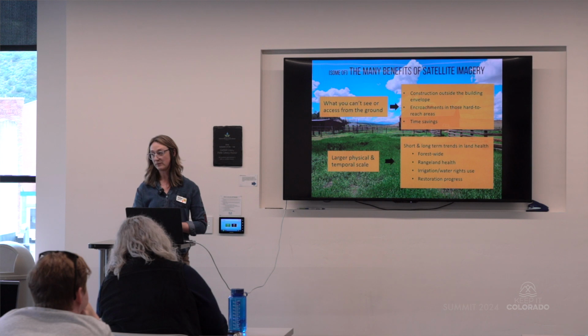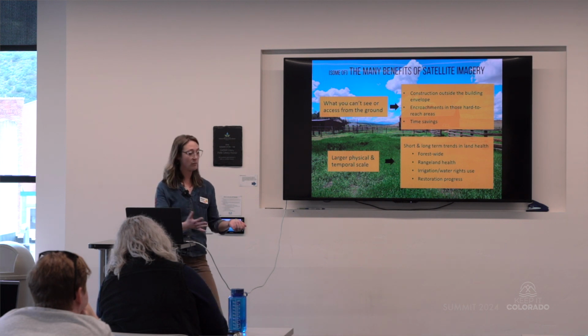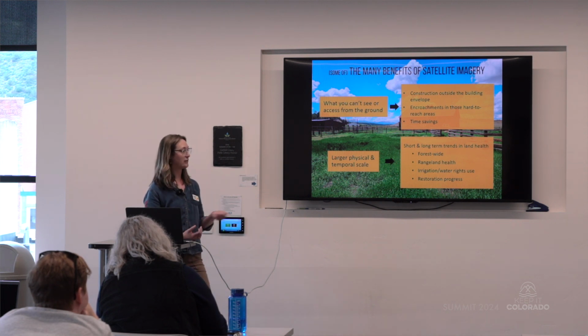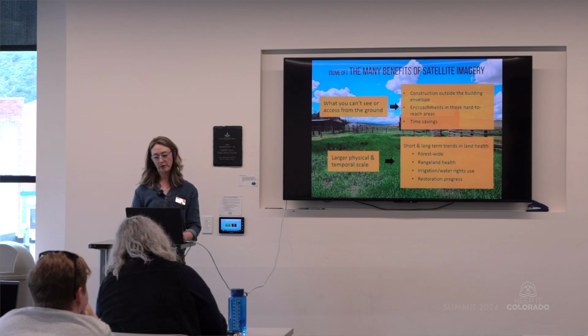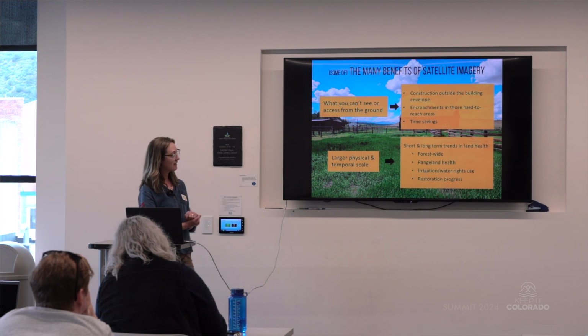We can even see changes in rangeland health. So that can always be tricky, because is it a man-made cause or is it just precipitation? Is it the drought? Are we seeing these disturbances because people have always been walking on here, but it's always green except for these last couple years where there's just been no rain? So really having this tool, we can track these things and really take into account what's happening in the world.